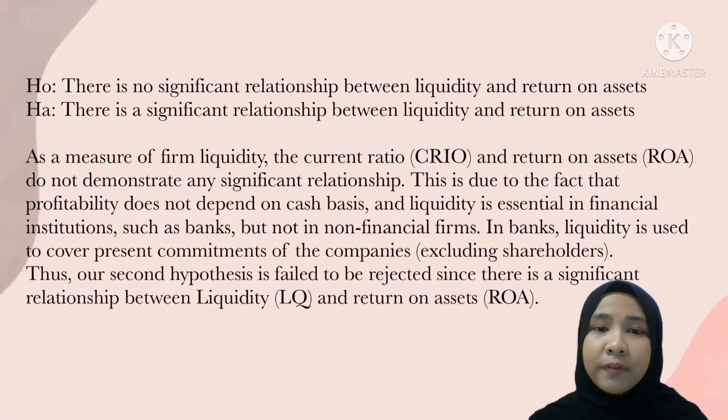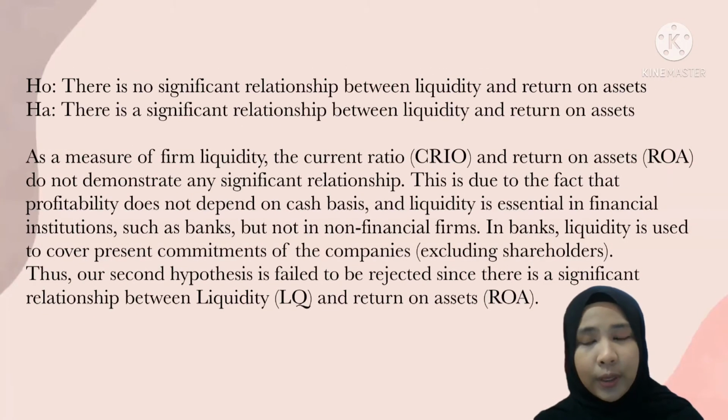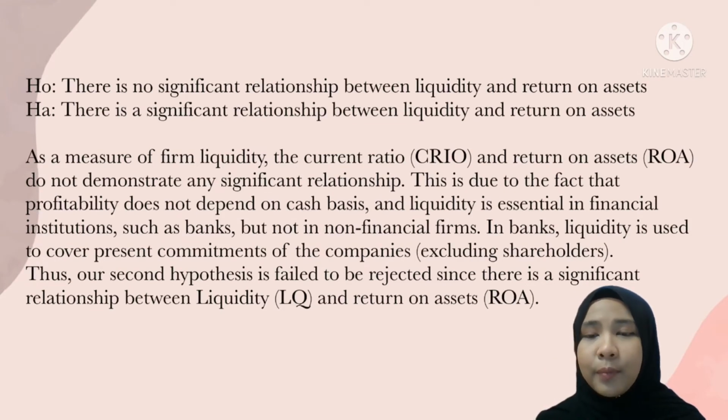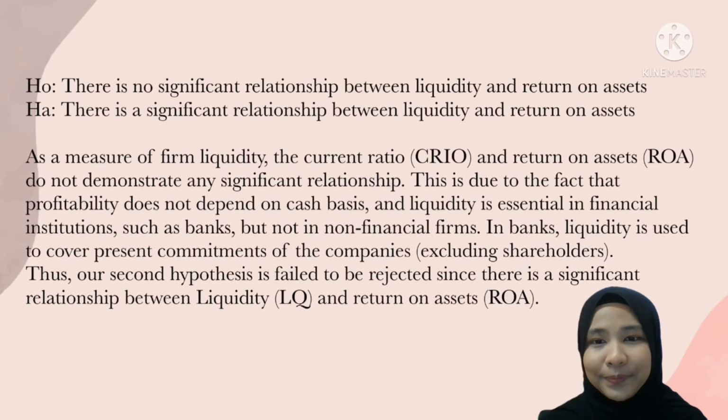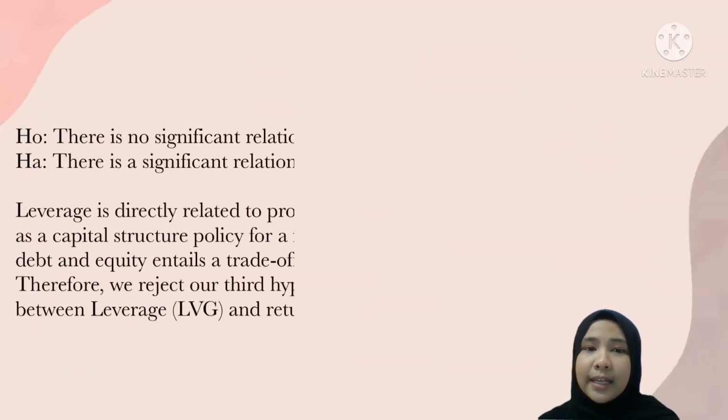As a measure of firm liquidity, the current ratio and return on asset do not demonstrate any significant relationship. This is due to the fact that profitability does not depend on cash basis and liquidity is essential in financial institutions. So our second hypothesis fails to be rejected, since there is no significant relationship between liquidity and return on asset.